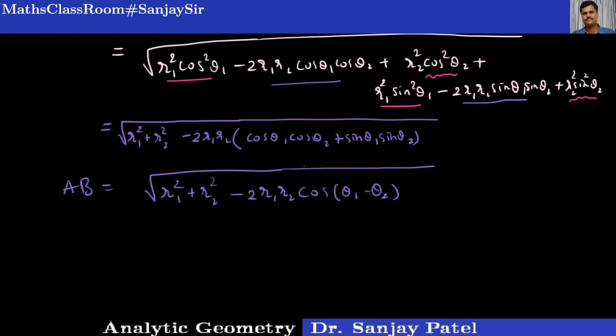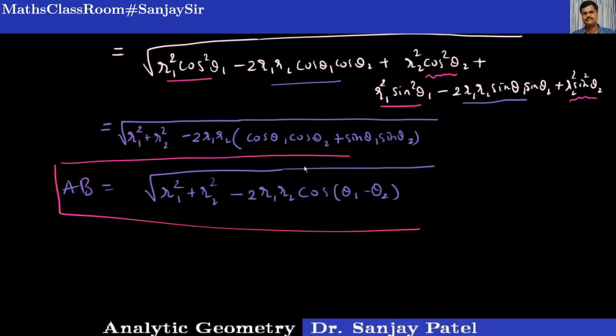So this is the required distance formula in the polar coordinate system. Okay, so if we are given two distinct points, A (r1, theta 1) and B (r2, theta 2), then the distance between them is given by this formula. This is a very useful formula. Okay, using this you can derive some interesting results, or you can solve some problems also.